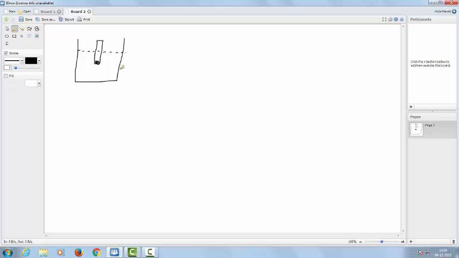Now in order to solve this problem, let us imagine that at an instant of time the test tube is x below its normal position, its mean position.